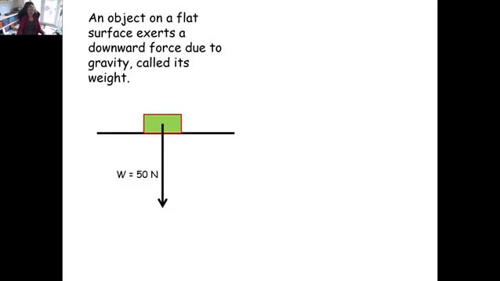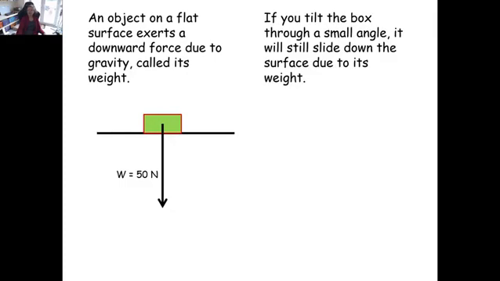Okay, so if, however, we take our object and we tilt the surface through a smaller angle, we know that that box will still slide down the surface, and it will slide down due to its weight, but this time it will slide down with a force that is actually less than that weight of 50 newtons.